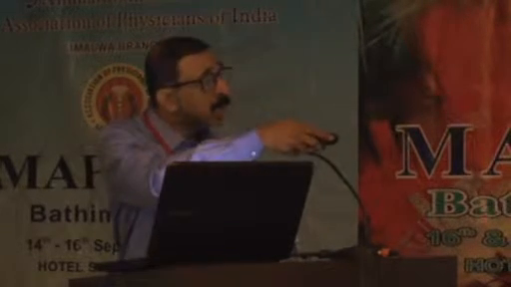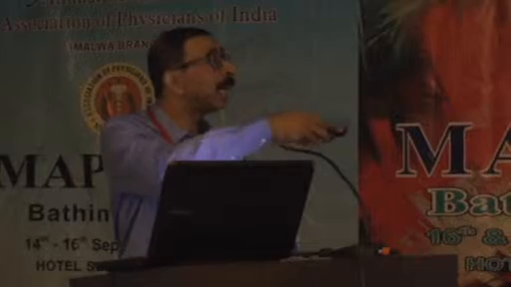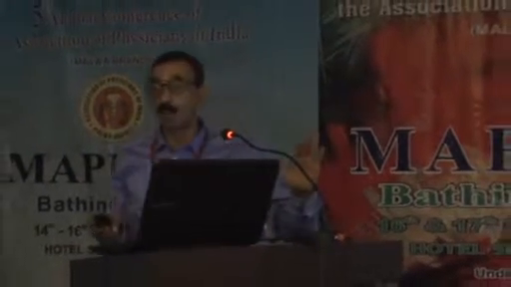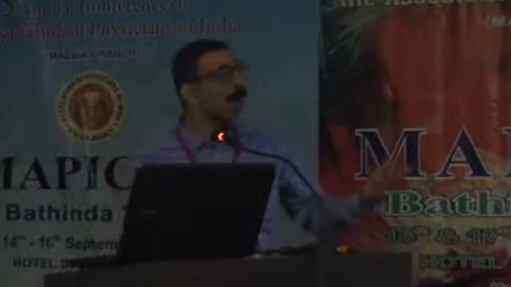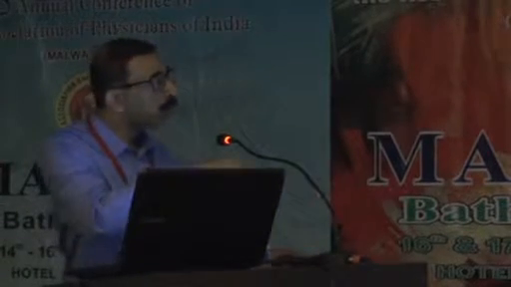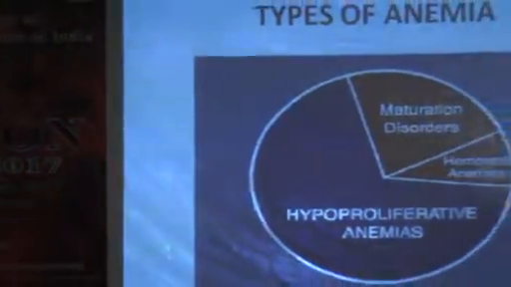If anything goes wrong in either of these two, you will not get a full-blown RBC from the bone marrow. If the proliferation is going on, but maturation is wrong, gone. On the other hand, if maturation is okay, but cells are not proliferating, gone. So we have to focus on these two as far as the production is concerned, and on this as far as the destruction is concerned.